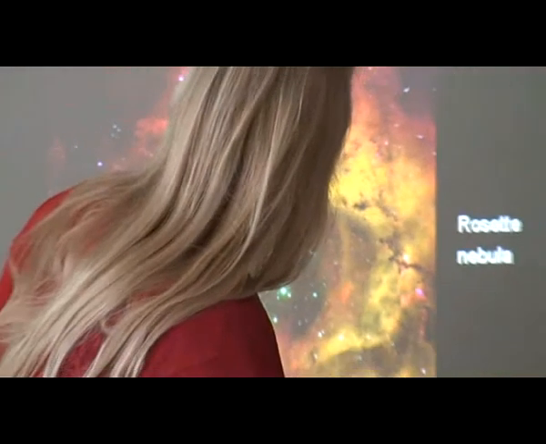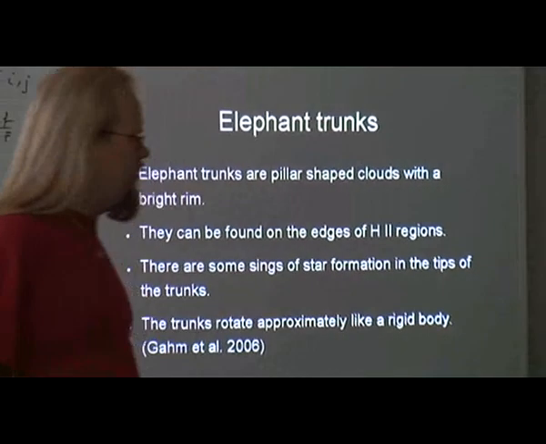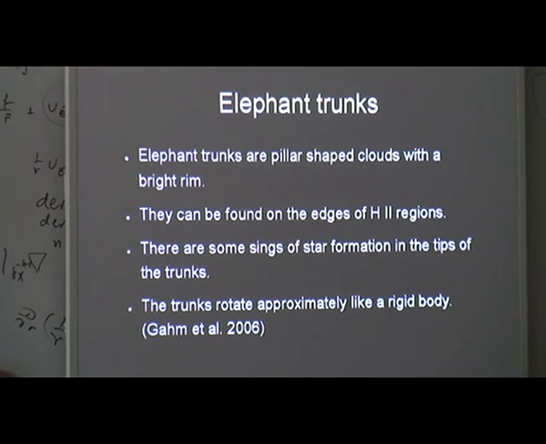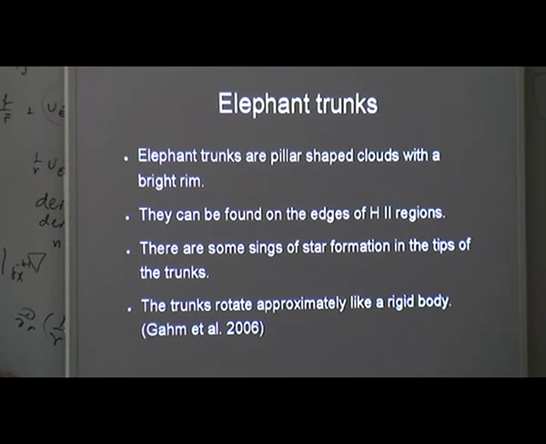For background still, a little bit about these elephant trunks. Like you saw, they are pillar-shaped clouds. They are usually on the edges of the H II region, at least of the bubble, which makes them somewhat different from so-called bok globules, which are isolated.